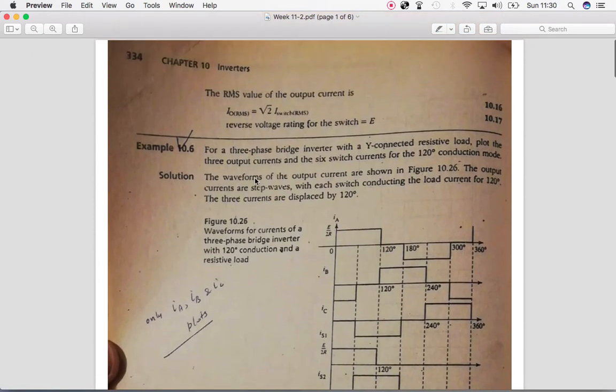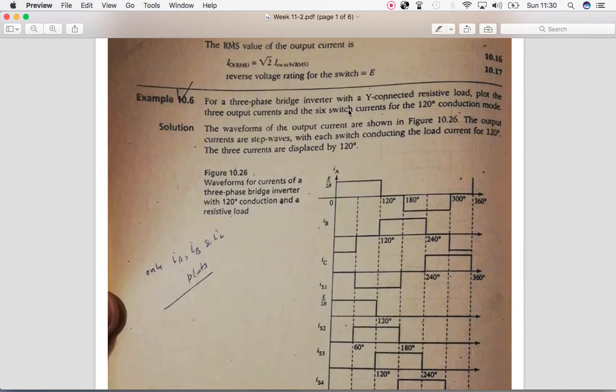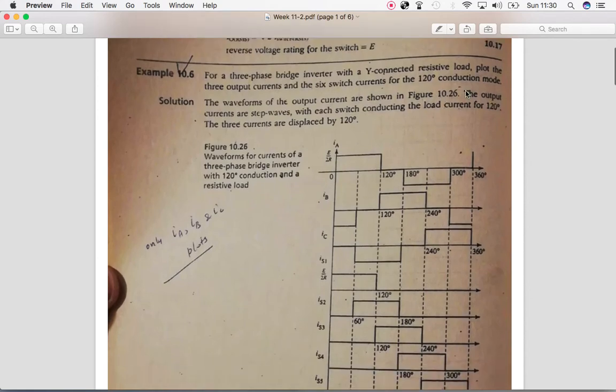You are given a problem in which we have a three-phase bridge inverter where the loads are connected in a Y way. You have to draw their waveforms, taking into consideration the 120-degree conduction mode.